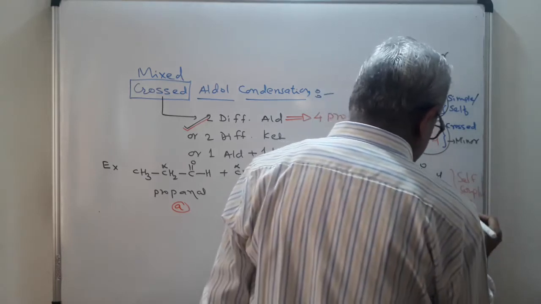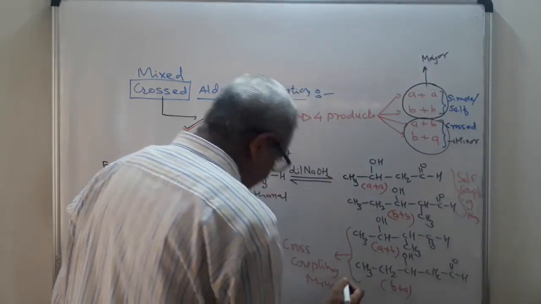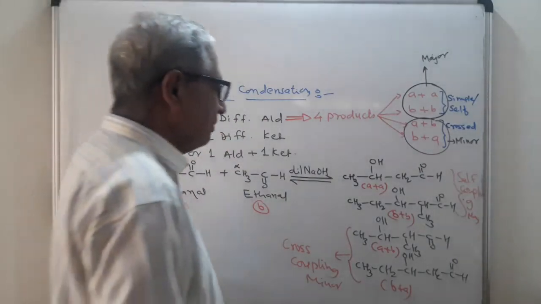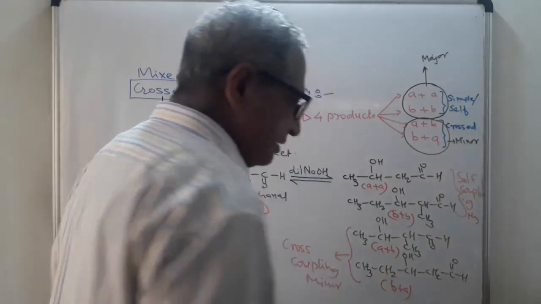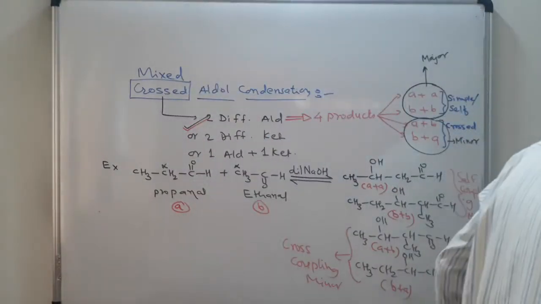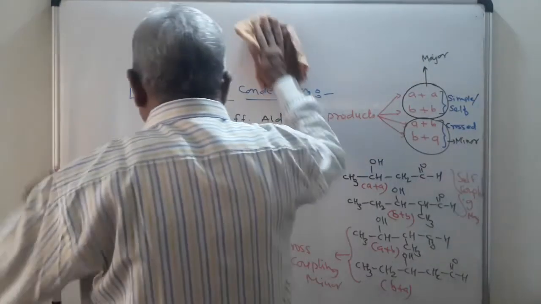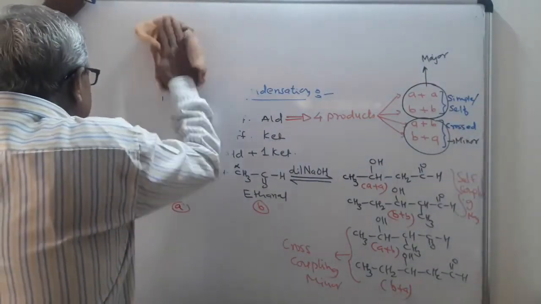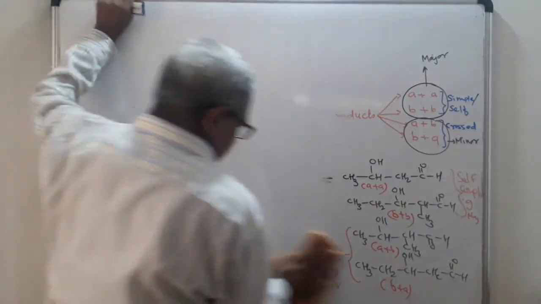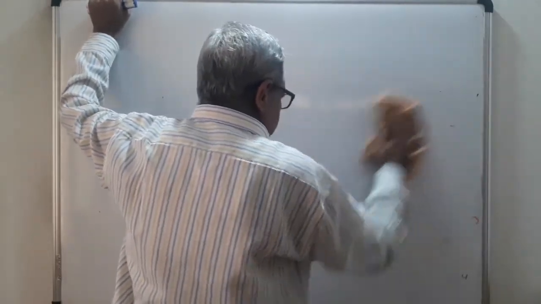So these are the major products and these are minor products. Remember that the major products are due to self coupling. So this is the mechanism of the aldol condensation. Now see the JEE or NEET question on this case. Everybody should write the question.